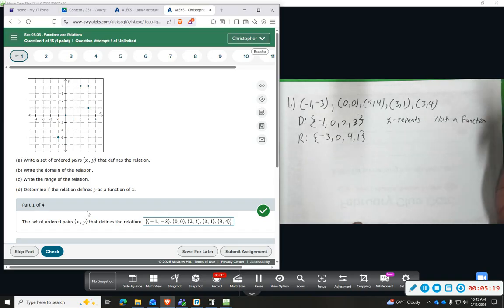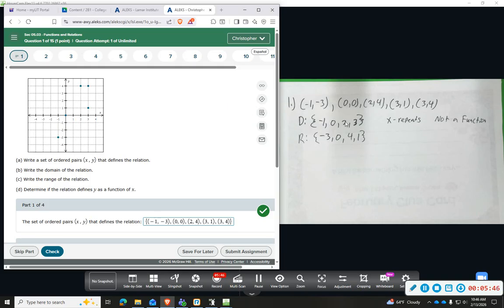This is the same as the vertical line test. So if we were to draw a vertical line, the line should only cross through one point. If any vertical line goes through 2 points, that's the same as the x value repeating. So right here, the repetition of 3 as an x coordinate, being paired with 2 different y values, that is a problem.